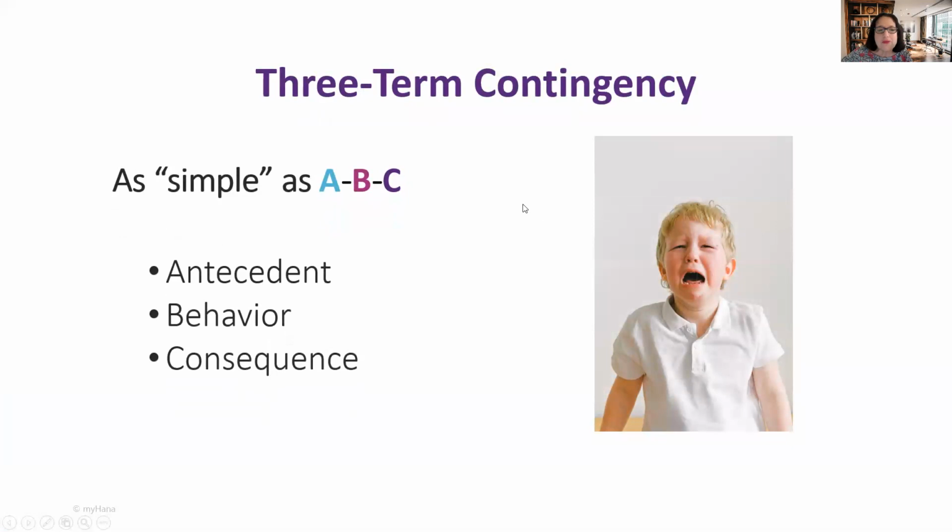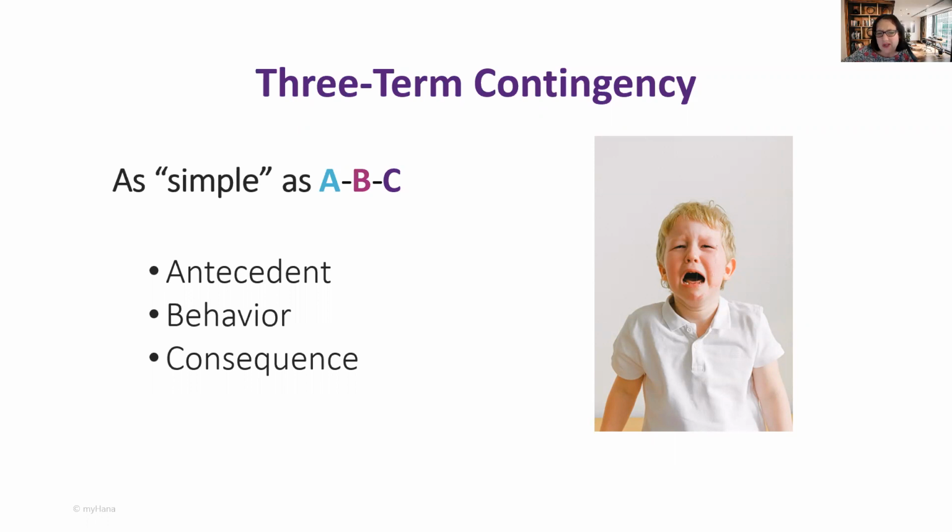And data is collected when we're examining the behavior of somebody by antecedent, behavior, and consequence. And we talked about this in other webinars. It's a useful method for collecting all kinds of data and keeping it straight. So we'll look at what's going on before the behavior, what the behavior is, and what the consequence is.